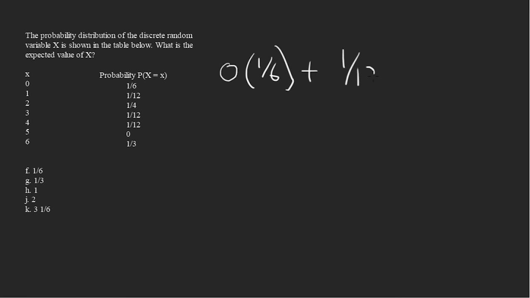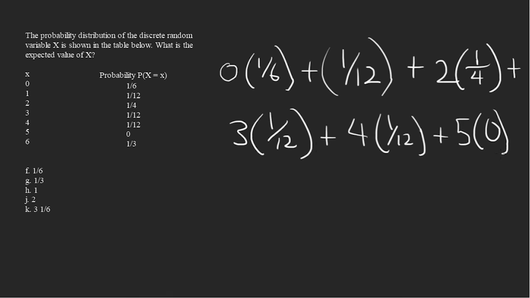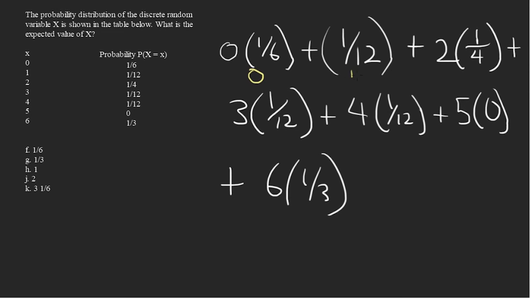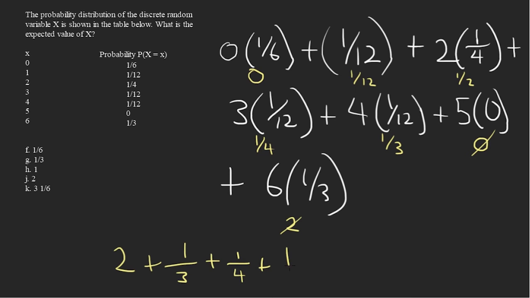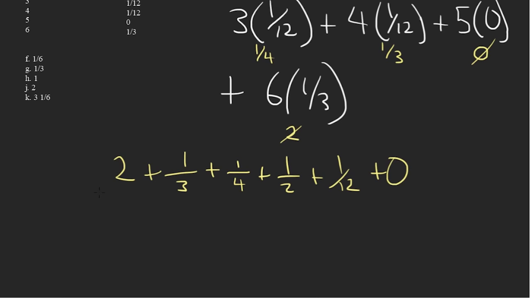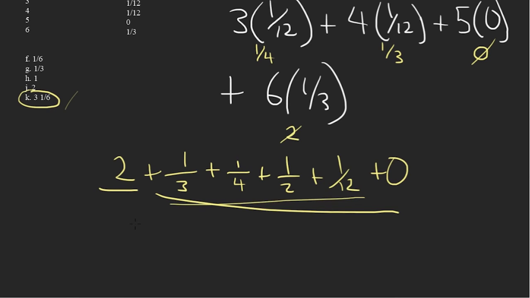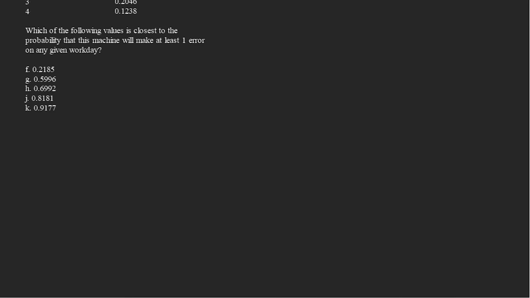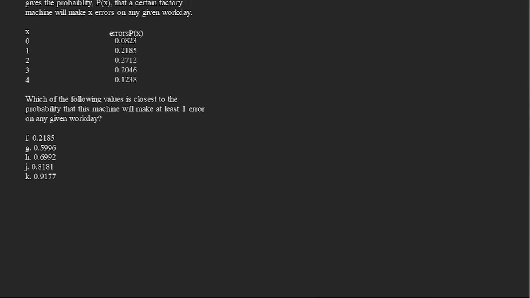So clearly it's 2 plus all this nonsense, so clearly it's more than 2. It has to be 3 and 1/6. I'm sure if I found common denominators, I would get 3 and 1/6. But I'm just going to skip ahead because you guys get the idea.